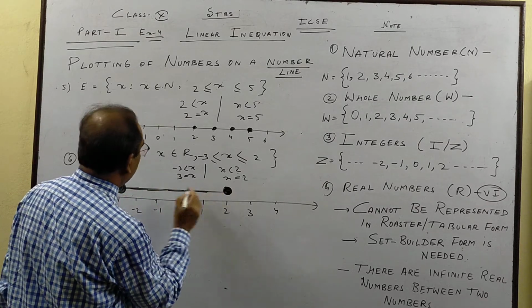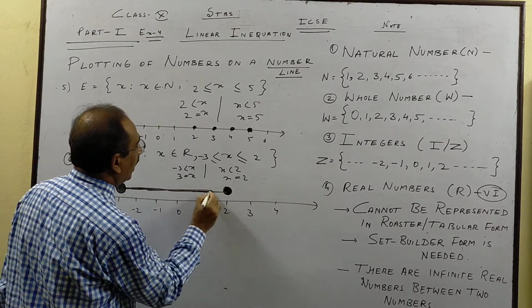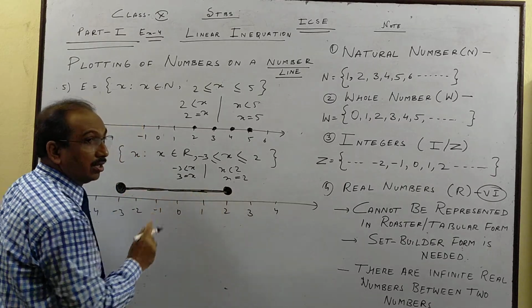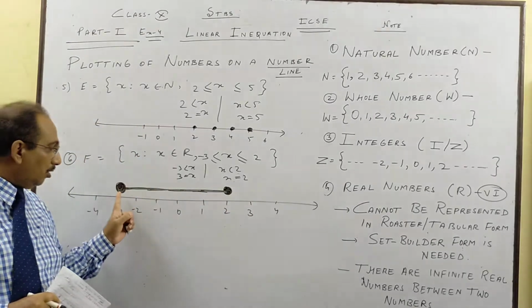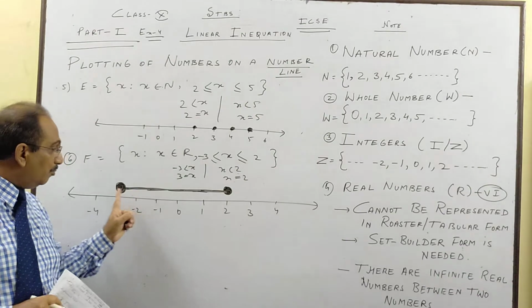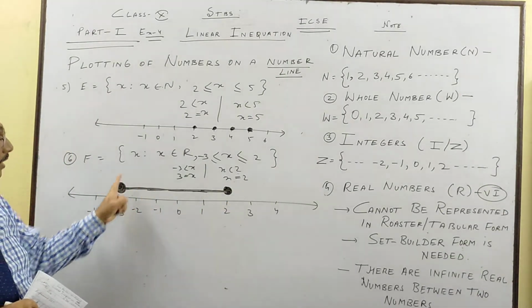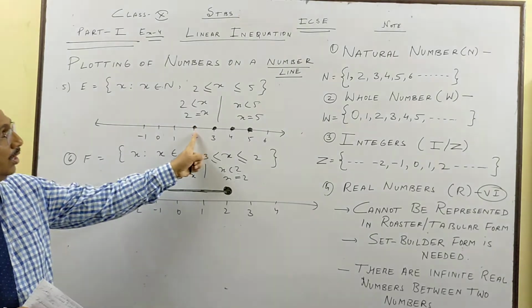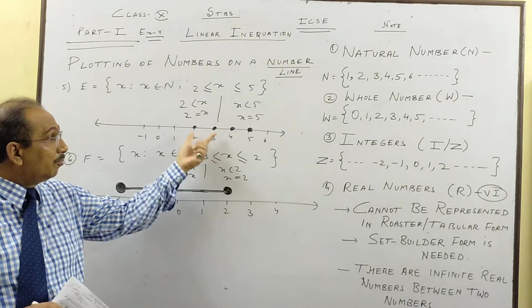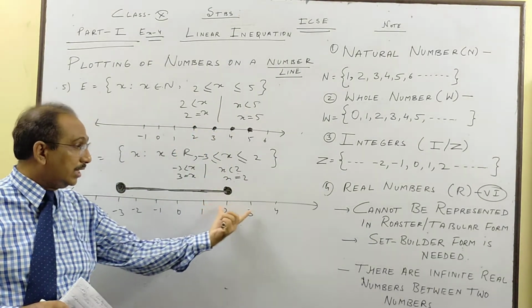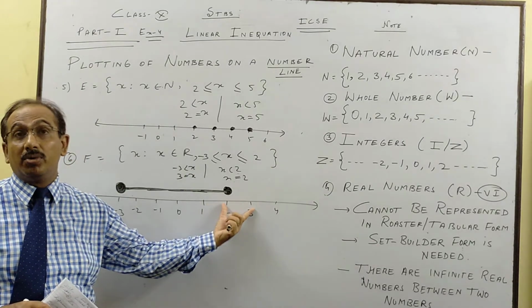Means there are an infinite number of real numbers between two numbers, two integers. So minus 3, see here it was just before 2, the next natural number is 3. But in between these two, there are an infinite number of real numbers.